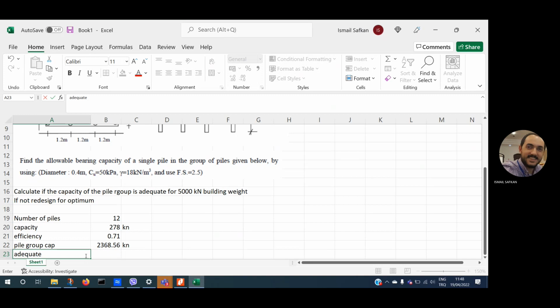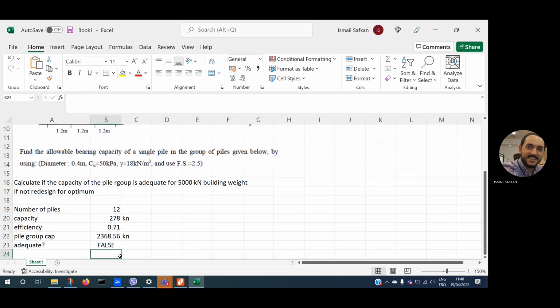Does it resist the applied load? No. Why? Because 5,000 is smaller than this. You ask Excel and it tells you false. No, it's not. So what should you do?